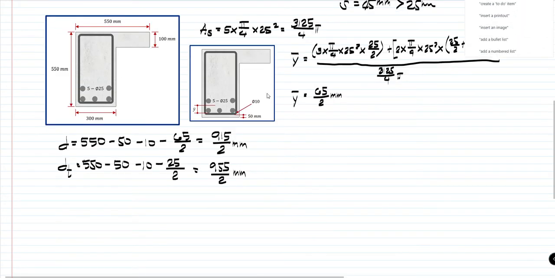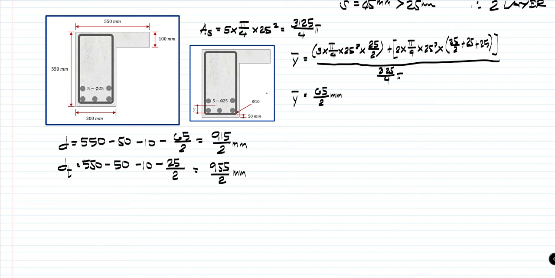Now, after getting these properties, syempre, magpo-proceed na tayo on getting the concrete area for analysis at para malaman na din natin kung kailangan natin siyang i-analyze under a rectangular singly reinforced or an irregular shaped beam.